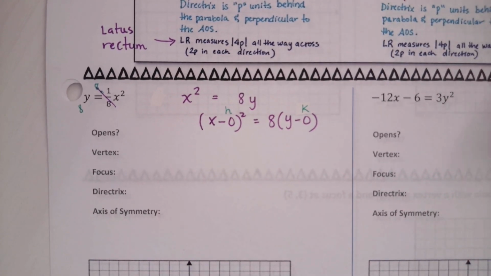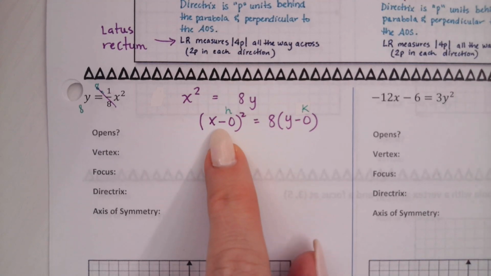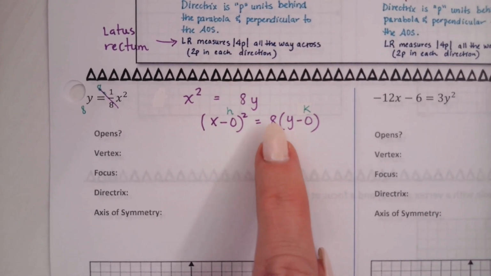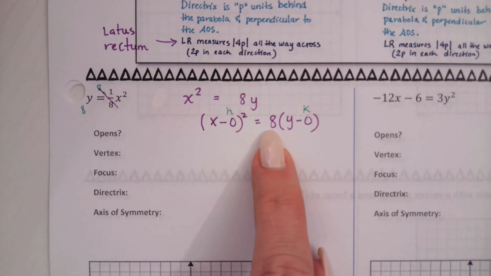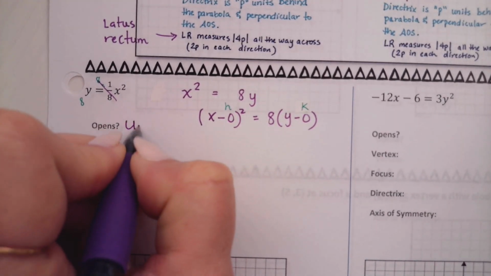So figuring out which way it opens. First off, the x is the squared term. And remember, it's normal for x to be squared, which means this is going to be a normal up or down parabola. And it's all based on the sign of this 4p number right here. If 4p is positive, it faces upwards. So I'm going to write that, opens up.